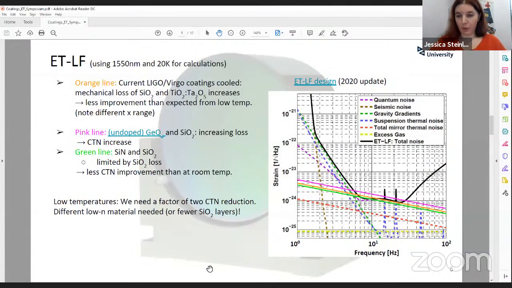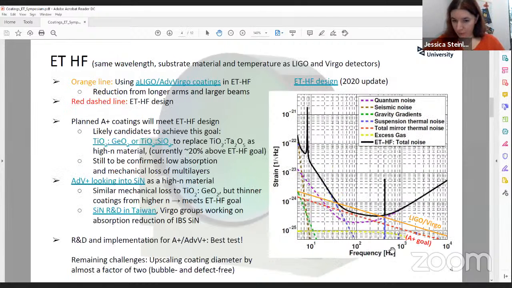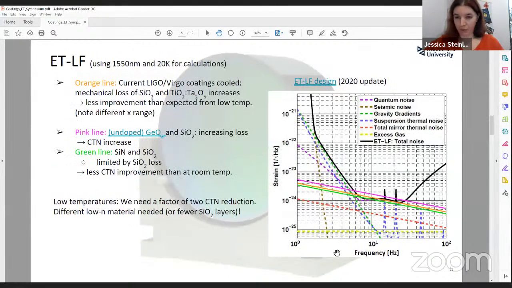So going to ET low F, an interesting thing is happening. Just to make clear here, we are moving quite a lot to the left on our frequency axis. And an interesting thing is happening when we are cooling the coatings, because the mechanical loss of silica and tantala gets quite a bit worse, so that we improve our coating thermal noise from cooling much less than expected. And it's even more interesting when we are looking here in pink and green at our silica germania or silicon nitride coatings, because the nice improvement we get at room temperature more or less disappears at low temperature.